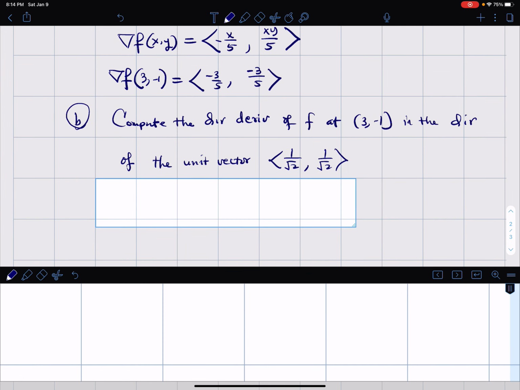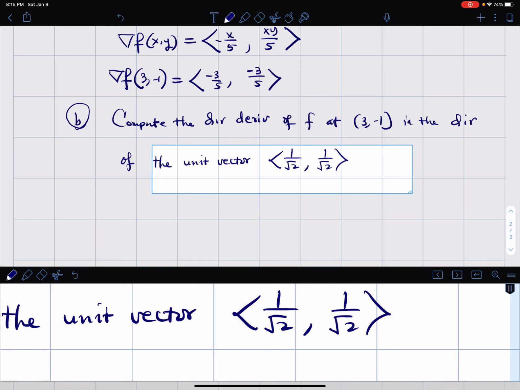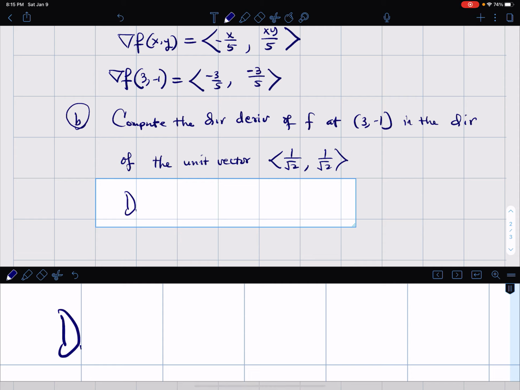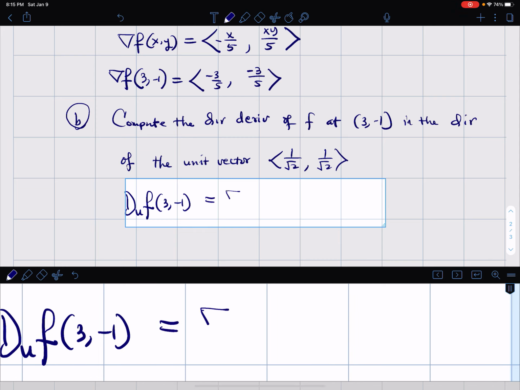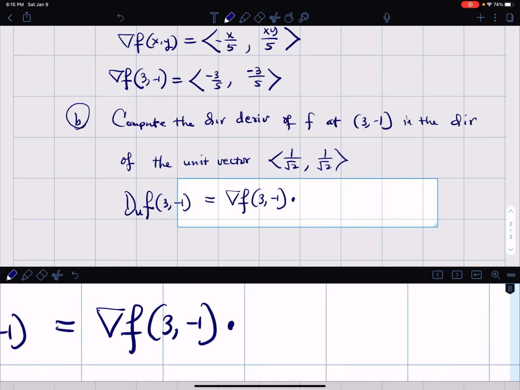I have to warn you, if you are not given a unit vector, then you have to make the vector a unit vector first before you compute the directional derivative. So that's our directional derivative at (3, −1). It's just going to be the gradient at (3, −1) dot our unit vector (1/√2, 1/√2).